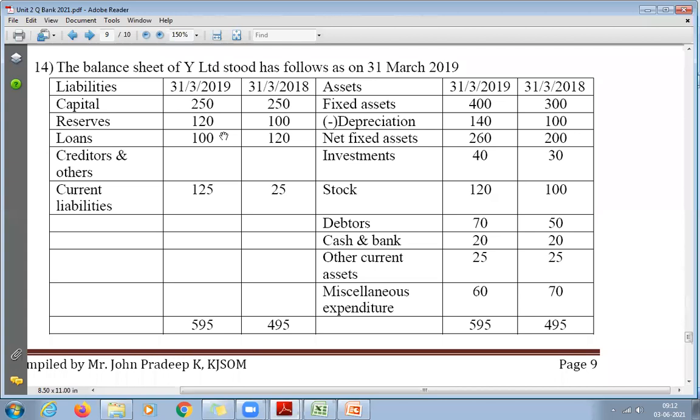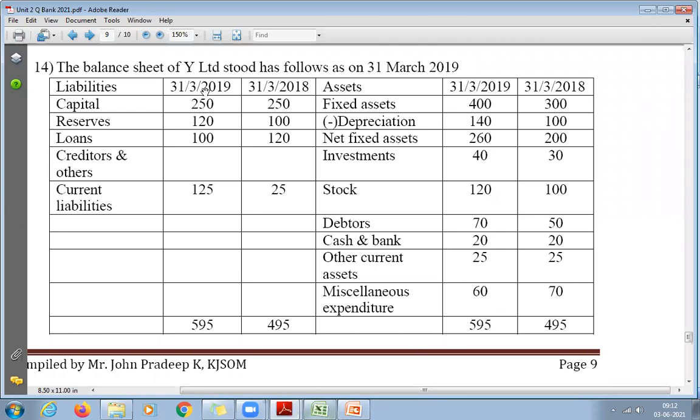Then he has given us loans. And has he given any fictitious assets? Yes, miscellaneous expenses, 60. Miscellaneous expenditure is 60. This is your fictitious asset, so this you have to deduct.